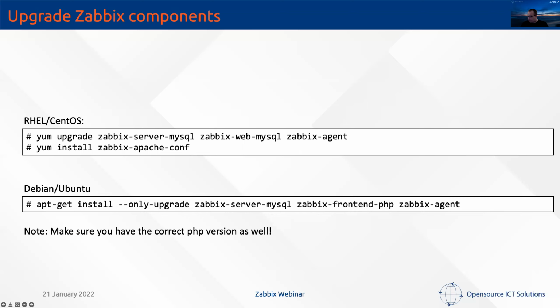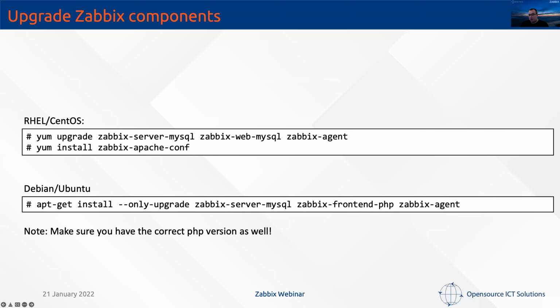Then if you are coming from an older operating system, you should also install zabbix-apache-conf. And again, that's only if you are using Apache as a web server. On Debian Ubuntu, apt-get install --only-upgrade. Roughly the same thing: zabbix-server-mysql or PSQL, zabbix-frontend-php, zabbix-agent.